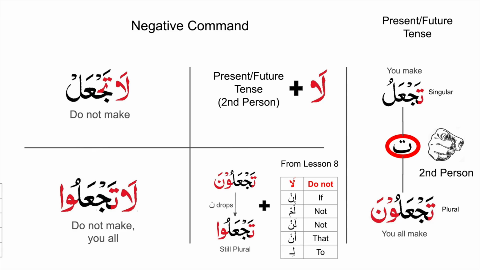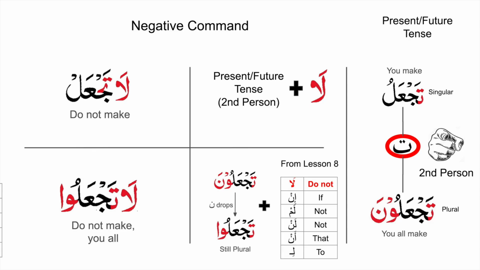Now notice something important in the plural. The final noon drops, but the word is still plural. The waw aleph helps us still recognize you all. And this is not completely new. You have already seen this noon drop idea before, back in Lesson 8.